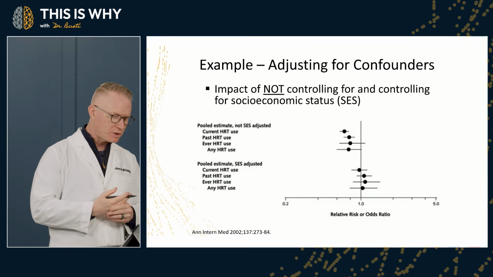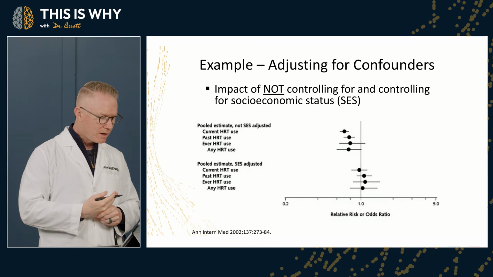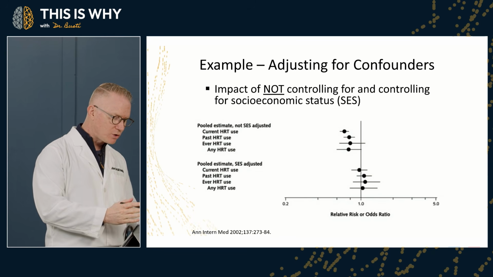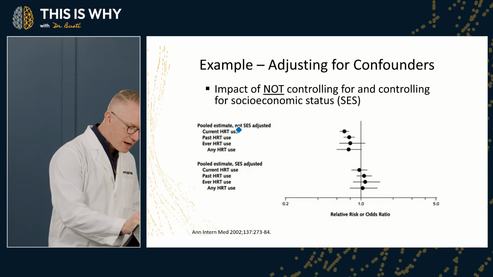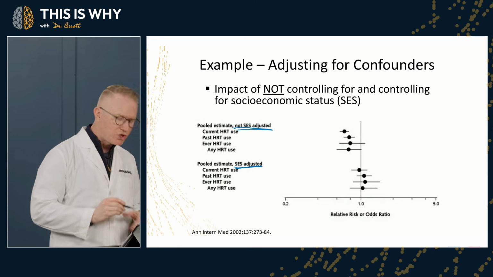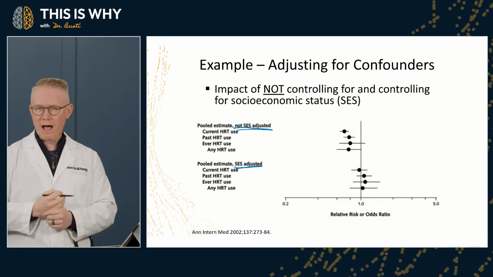And this was a study that was looking at hormone replacement therapy, HRT. Okay? And so on the left side, you see these are the groups. Before not adjusting, right? So not adjusted for socioeconomic status, and then those that were adjusted. You come over here, you see all that forest plot.